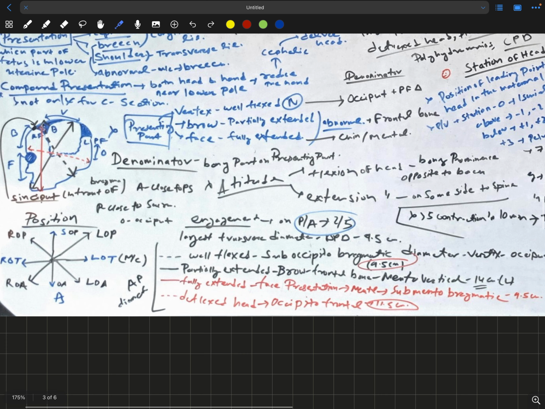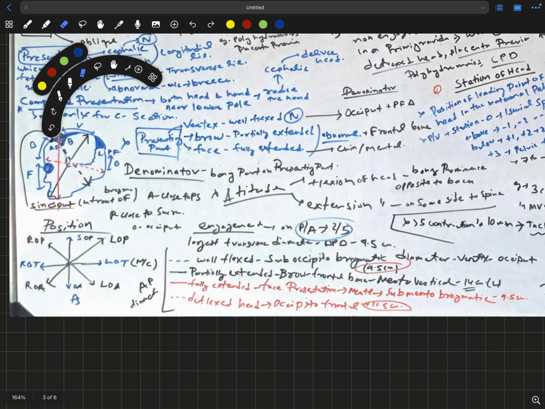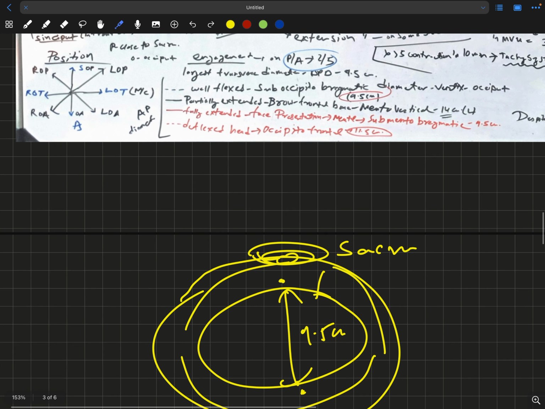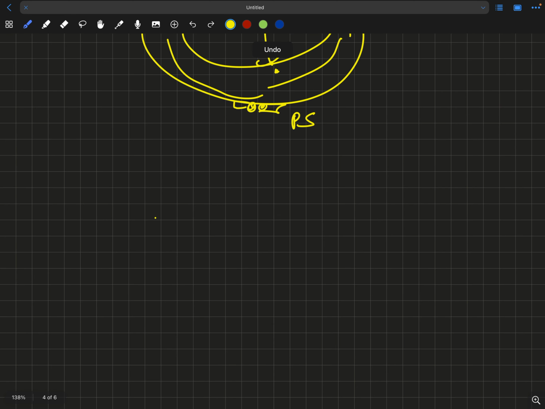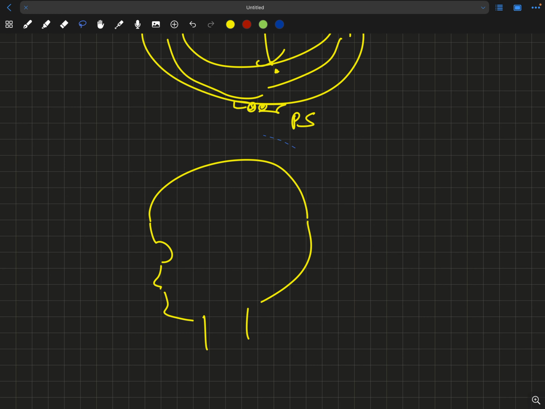So in case of a well flexed head, remember one thing, this is an important concept I am telling you here. Suppose the head is like this, well flexed, and now I am flexing it.